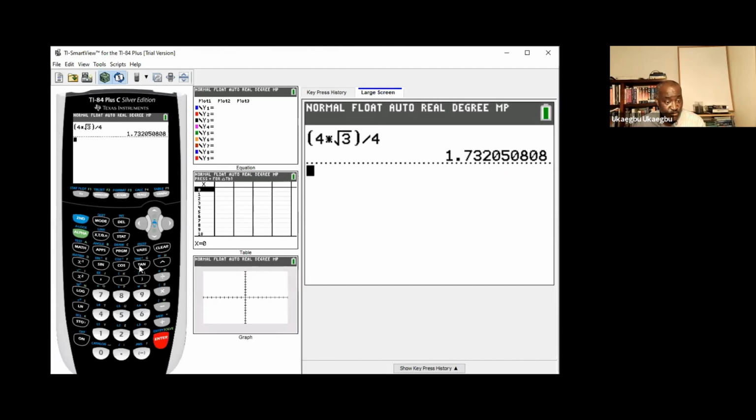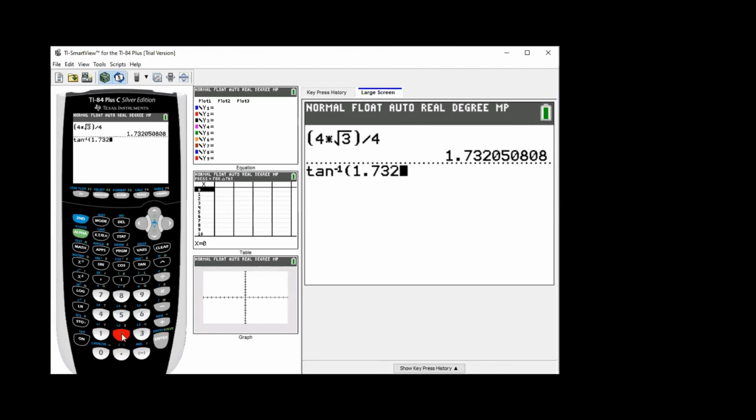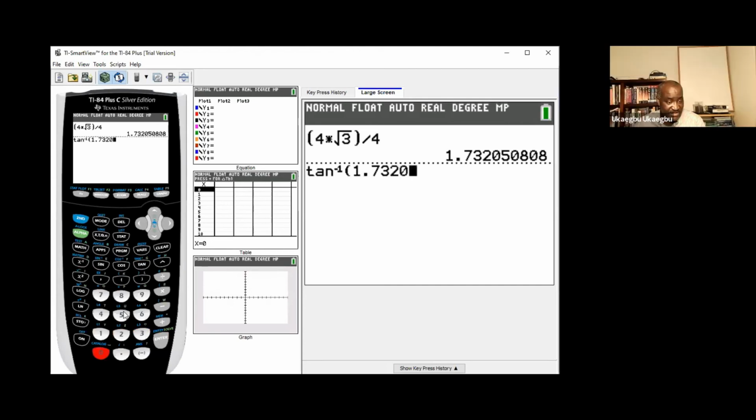Now we want to do arc tangent, which is the one in blue. For us to get there, we press second function, and then we press tangent, and then we type in this number. We can type in 1.732, and then we can put the zeros if we want to, like 05.